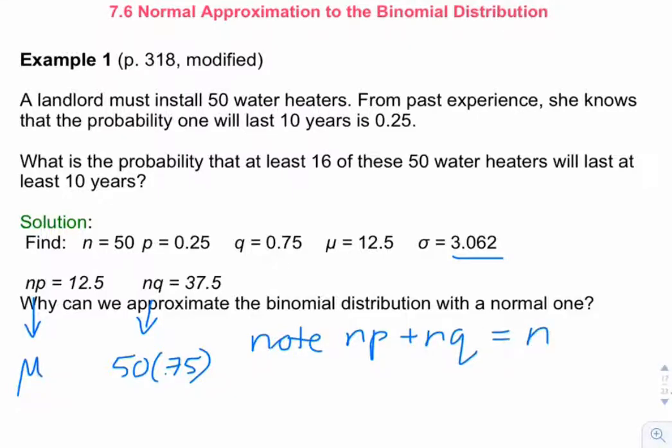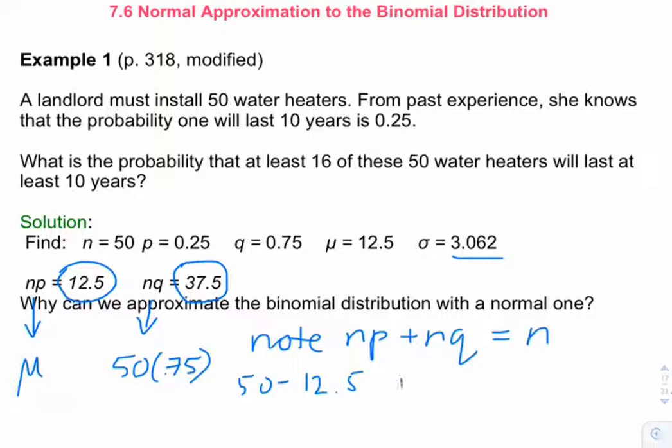These will always add up to N. So if you've already found one of these, you can find the other just by N minus it. If you've already found 12.5, you could have done 50 minus 12.5 to get the other one, 37.5.